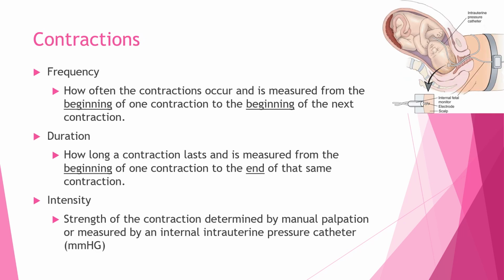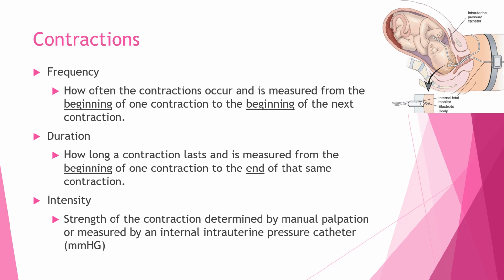Uterine contractions are monitored and assessed according to 3 parameters: frequency, duration, and intensity. Note, you need to know the difference between all of these. I guarantee you will get some type of a question that reiterates these definitions.